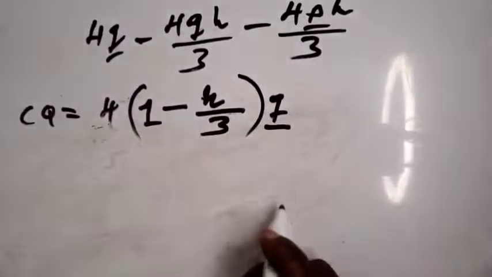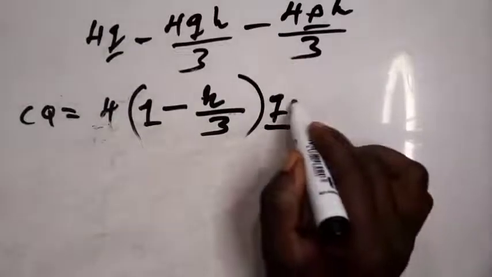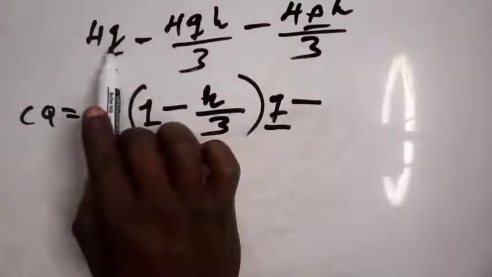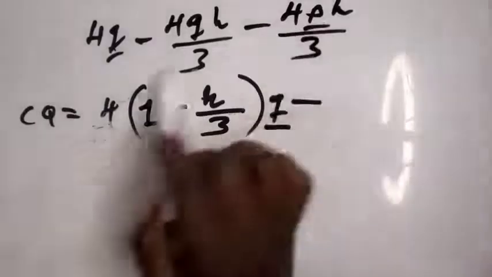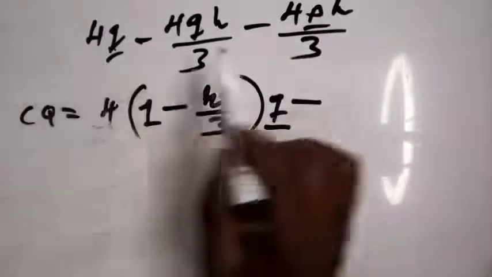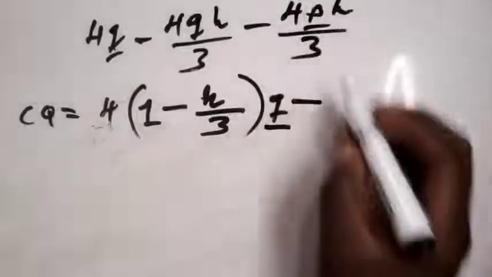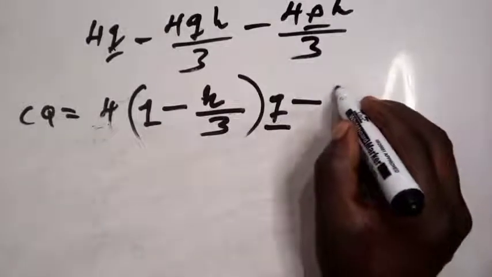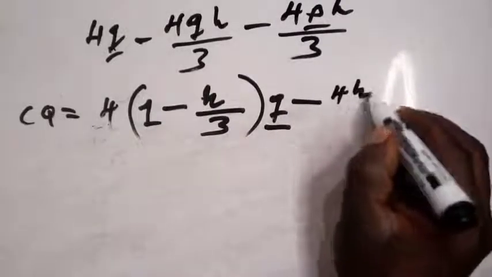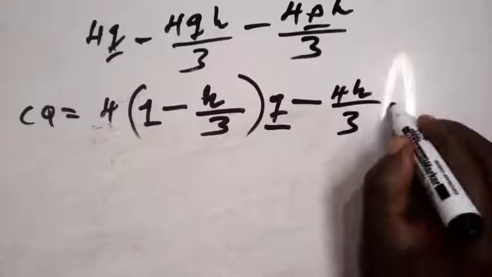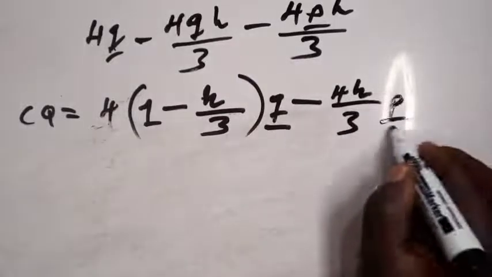That's a way of representing vectors. Then minus, as you can see, q is appearing here, so this one we take the way it is: 4h over 3 p. So that's the final answer.